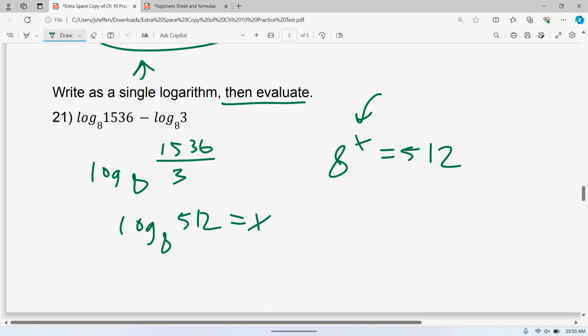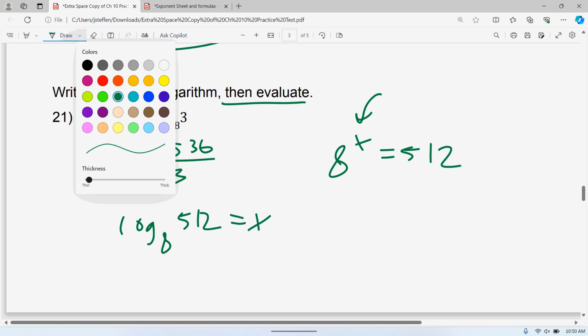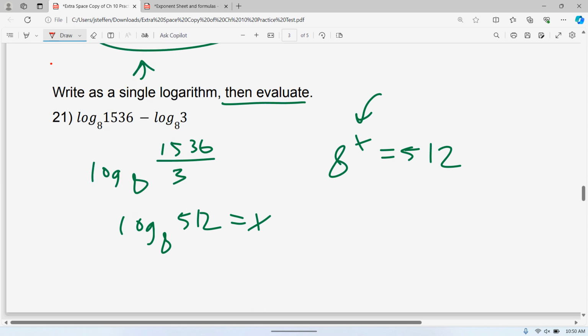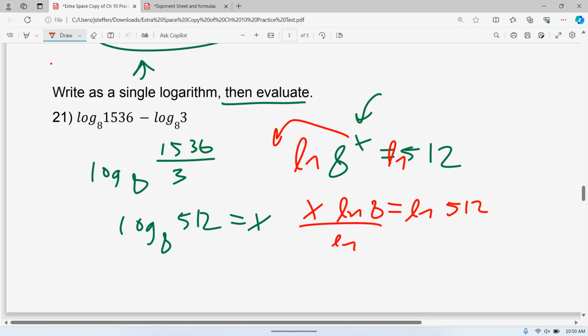One way to do this, since it's like that, is take the natural log. I guess I'm doing a different order, so that x comes first. Divide by natural log of 8. Natural log of 512 over natural log of 8 is 3.